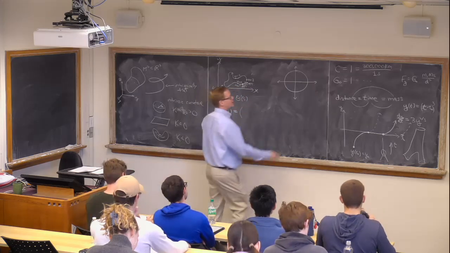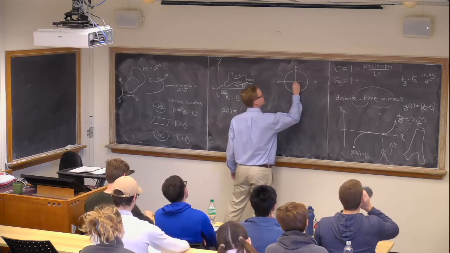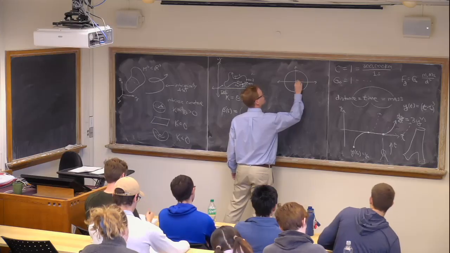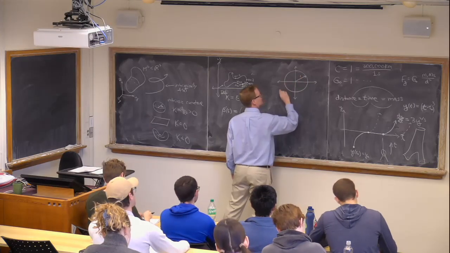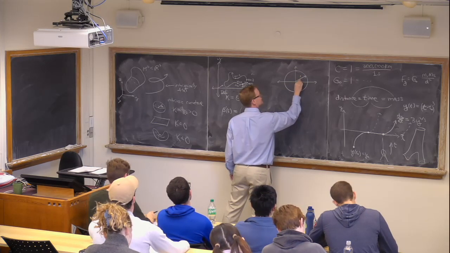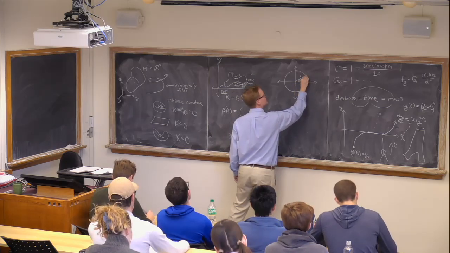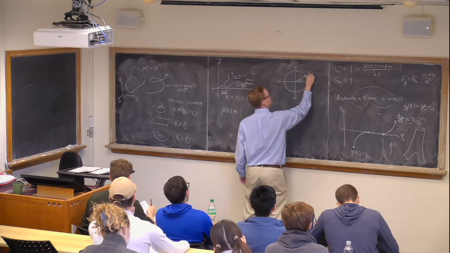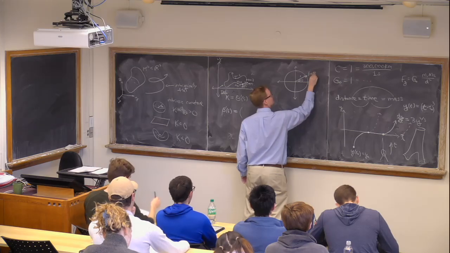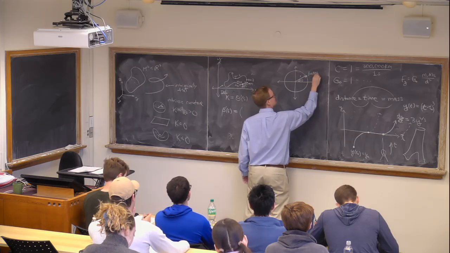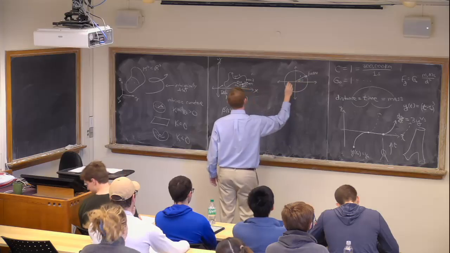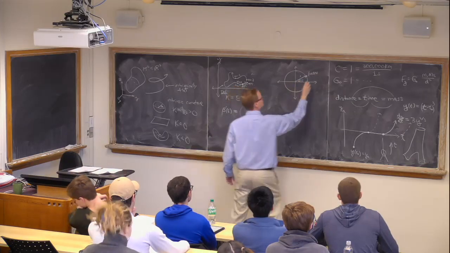And now this is the circle of radius 1. And so if we look at this vector here as length 1, right? If this is theta of s, then we know what this point is by the definition of sine and cosine. This is cosine theta of s, comma sine theta of s.